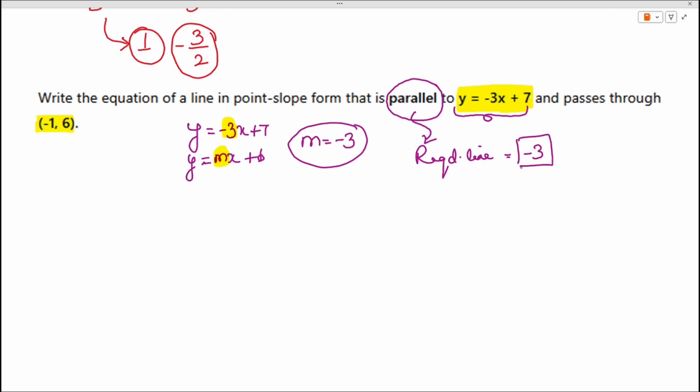So we already have one thing known to us, and they told us that the line passes through the point (-1, 6). So this is our slope, and here this is the value of x1 and this is the value of y1.